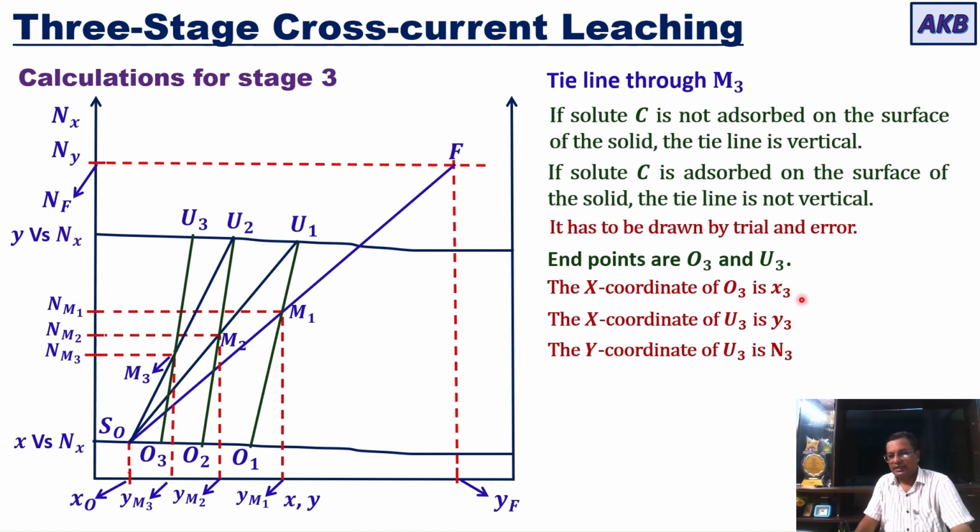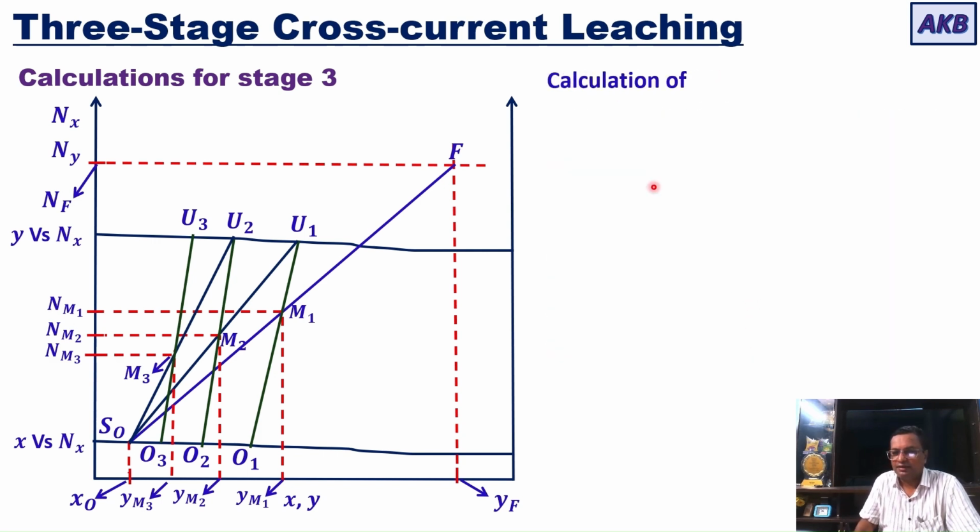So y3, x3 and N3 are required in further calculations for stage 3, and in this way I get their values.